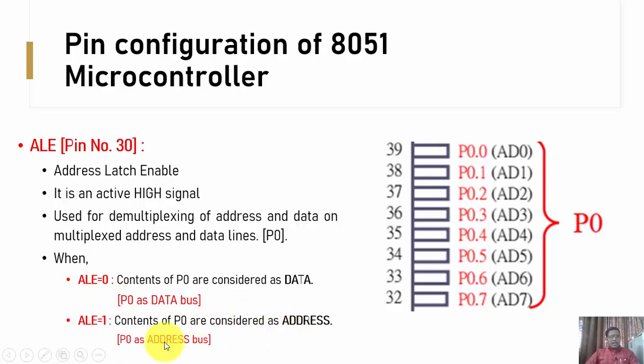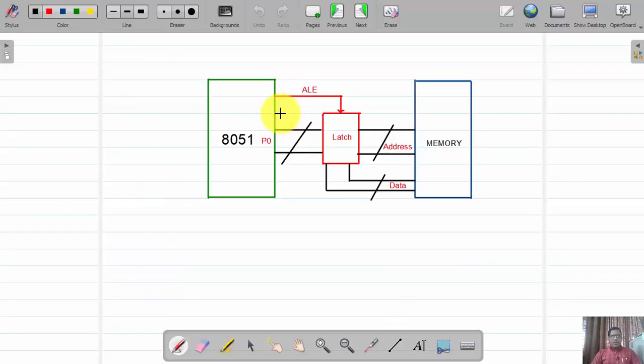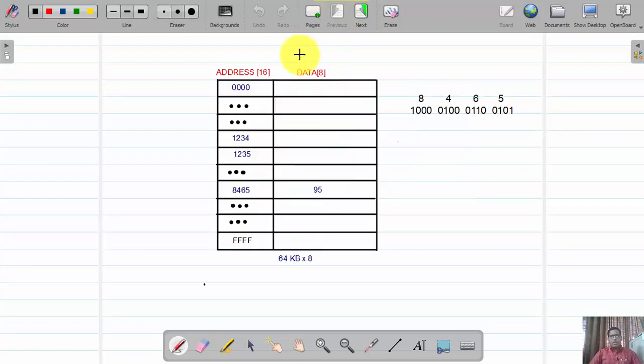To understand the use of this ALE pin again in detail, let us consider that we have interfaced this memory with this 8051 microcontroller. No doubt this memory has different slots, and this is generally a block diagram or the interfacing diagram of this memory. So let us find how exactly this ALE pin is going to work. Suppose the capacity of the interfaced memory is 64 KB by 8.